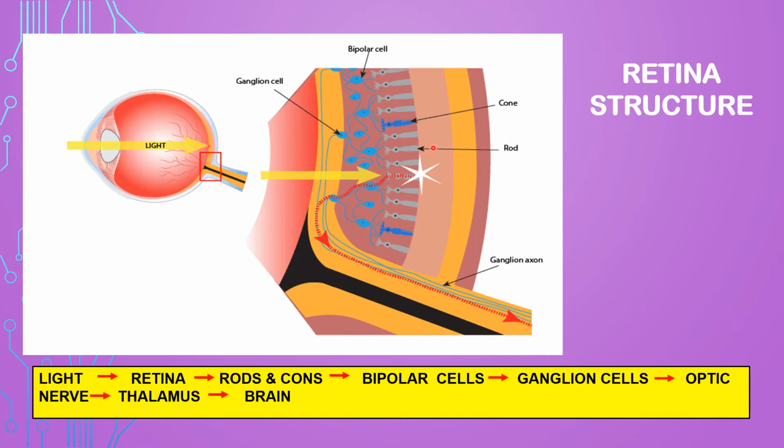For example, at night. The rods are located around the edges of the retina and they are active in peripheral vision. When you need to see something at night, try looking away from what you want to see. So the rods help in peripheral vision.